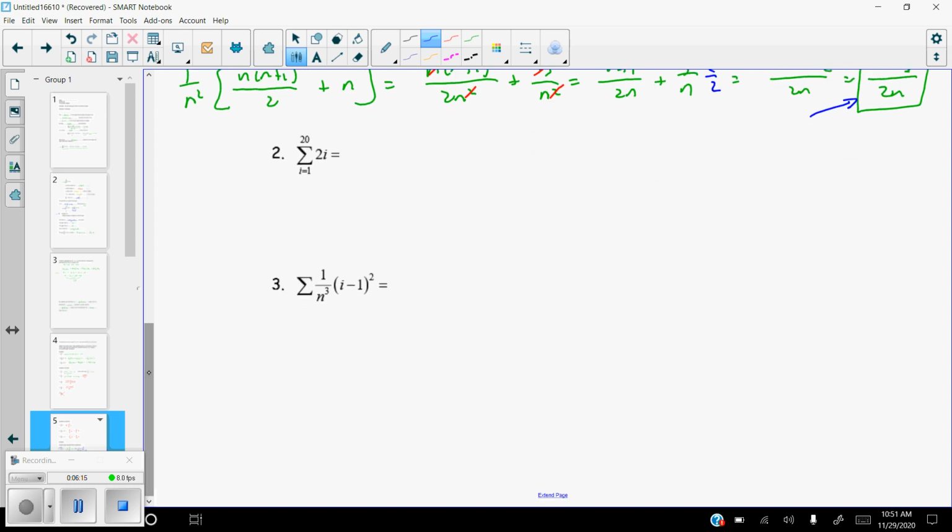So number 2 is simply the sum from 1 to 20 of 2i. Again, I could add up all 20 terms, or I could just use one of my formulas, simplify it real quickly, and then have the value.